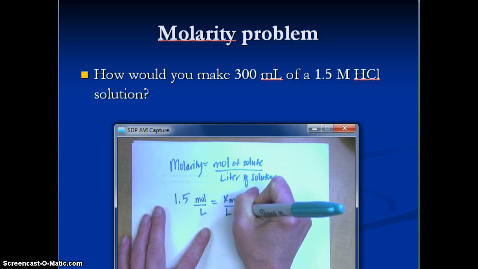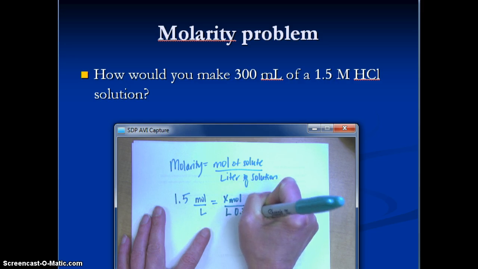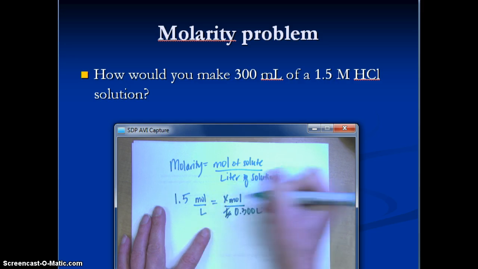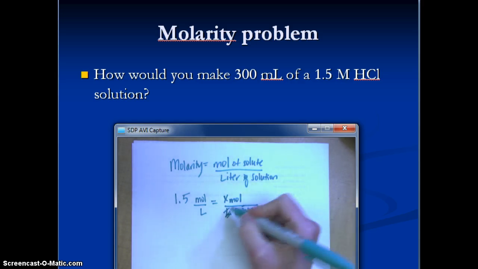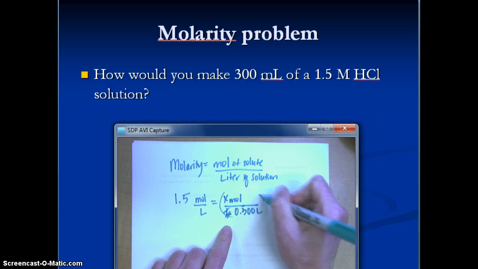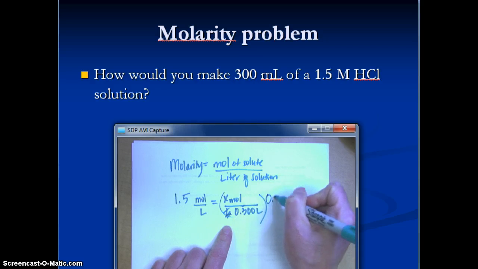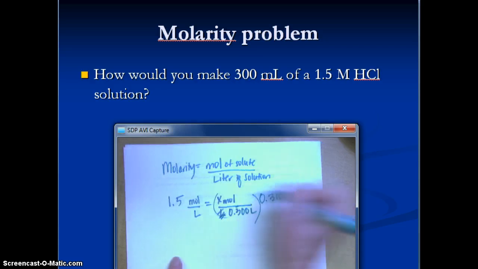And it would be 0.300 liters. And that would be so because 300 milliliters converted to liters, you just move the decimal 3 places to the left. So to get x by itself, we're going to multiply both sides by 0.300 liters.